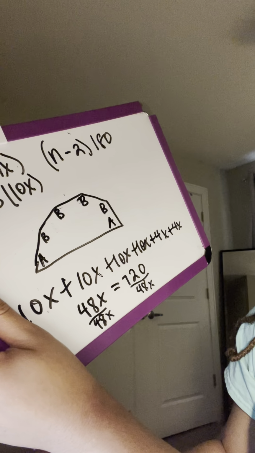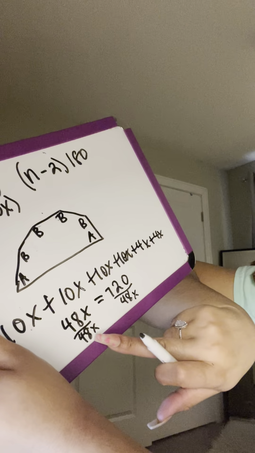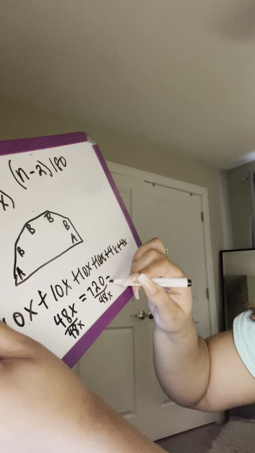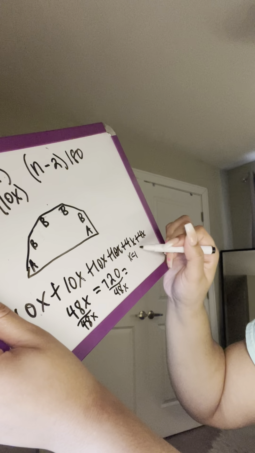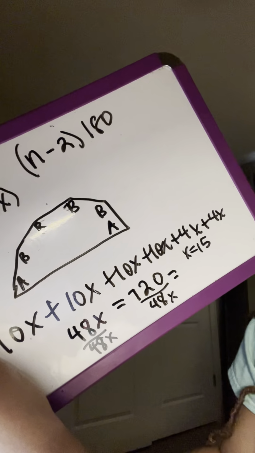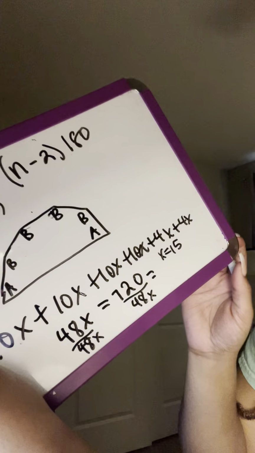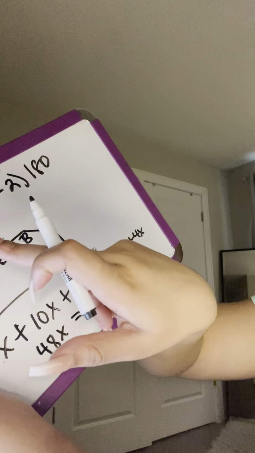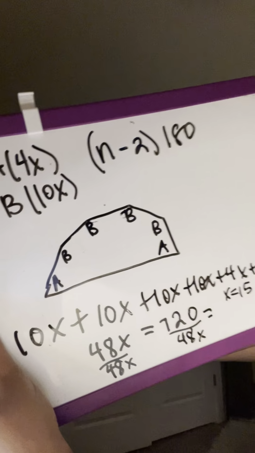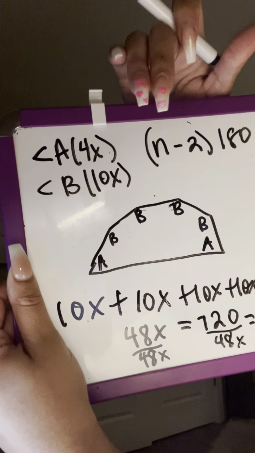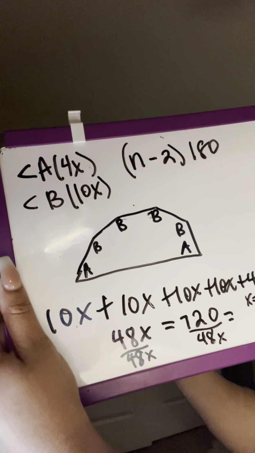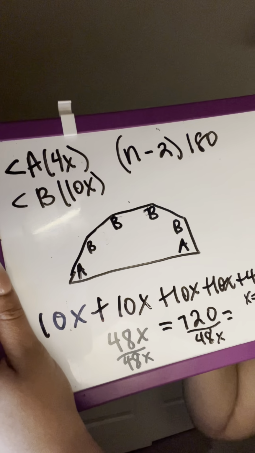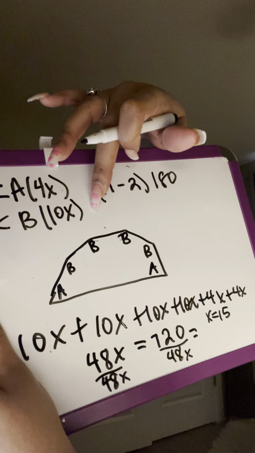Once you divide 48 into 720, you get 15. X equals 15. And then the last step is, you see where we started off in the first place with B and A, 10x and 4x. You want to plug it in. We always start with B first.